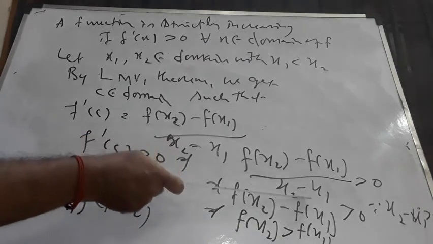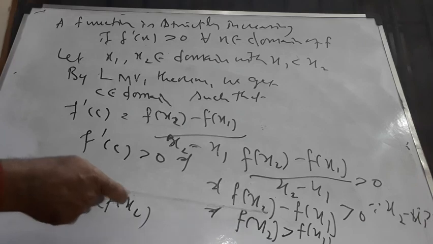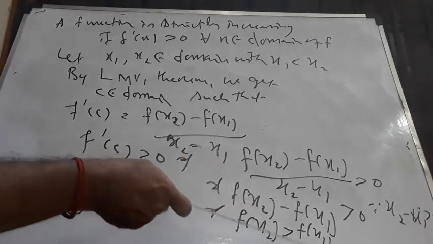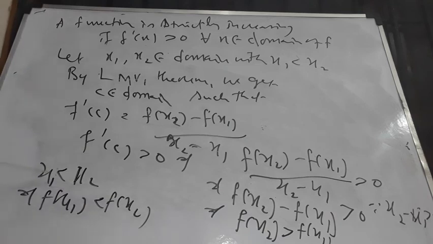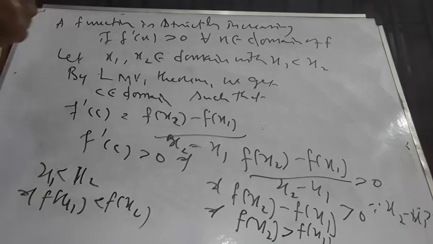Therefore, the fraction becomes positive only when the numerator is also positive. Therefore, f of x2 minus f of x1 is greater than 0, which implies f of x2 is greater than f of x1. Therefore, it automatically ends up being an increasing function. Therefore, for a function to be strictly increasing, I come to the conclusion that f dash of x is positive.